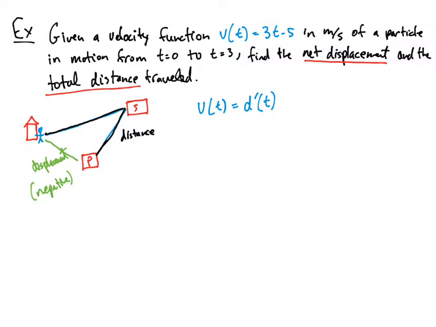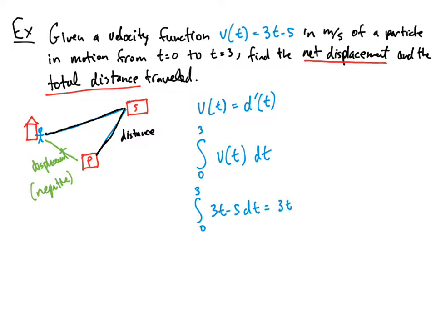So we're going to say v of t here, and we're going to evaluate this from 0 to 3 dt. Okay, so v of t is the derivative of the distance function. So when we integrate that derivative, we're going to end up with our original distance function. So we're going to say 0 to 3 of 3t minus 5 dt.